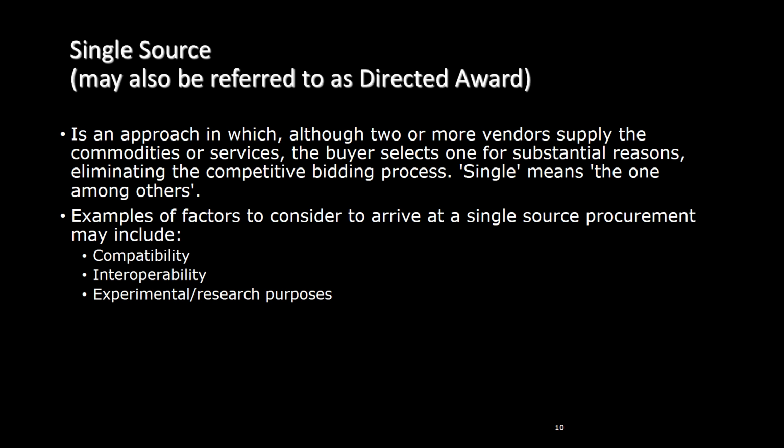In this context, single means the one among others, as in singling out a specific vendor to buy and contract with. Examples of factors to consider to arrive at a single source procurement may include compatibility, interoperability of systems or components, as well as for use in experimental or research purposes.